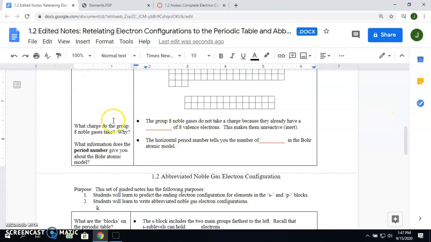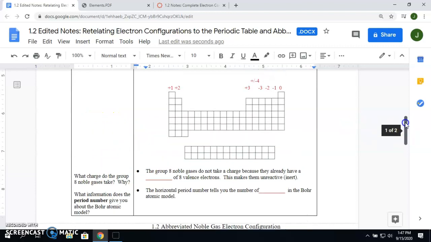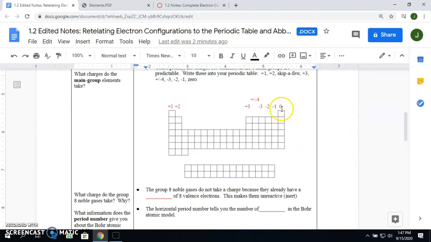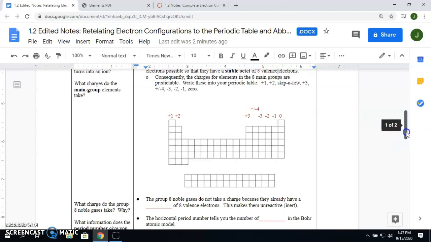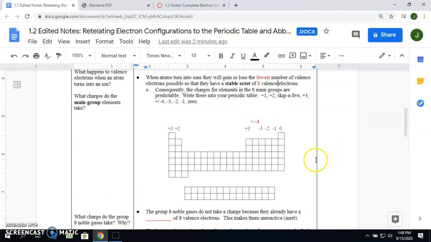Okay, so what charge do the group 8 noble gases take and why? Well, if you take a look up here, we've got the number 0 above column 8. So this is main group 8: 1, 2, skip a few, 3, 4, 5, 6, 7, 8. They take no charge. And if we think about this statement up here, it makes sense.